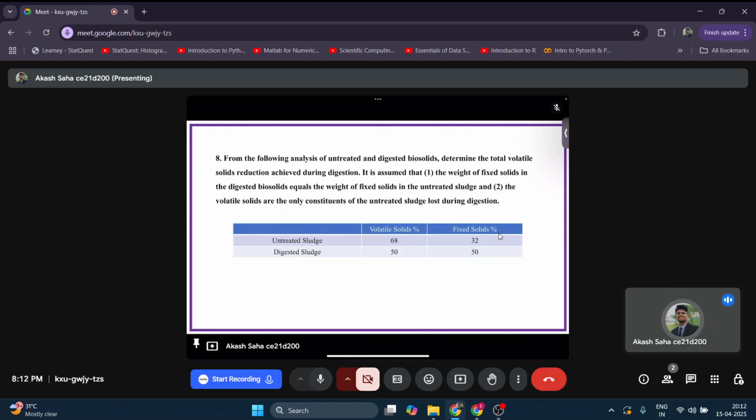And second, the volatile solids are the only constituents of the untreated sludge lost during digestion. And the volatile solids and the fixed solids percentage are given for the untreated and the digested sludge. So just try to solve it out. Then we will see how to proceed.